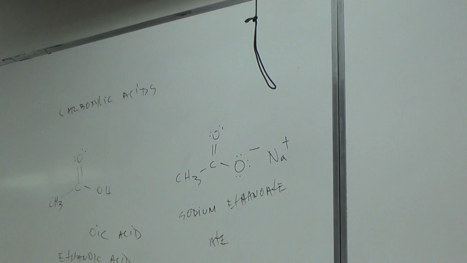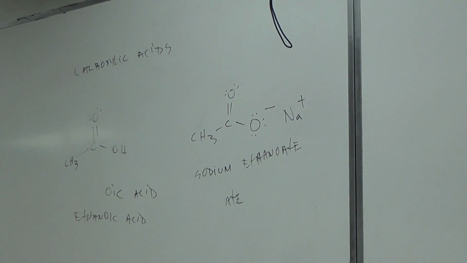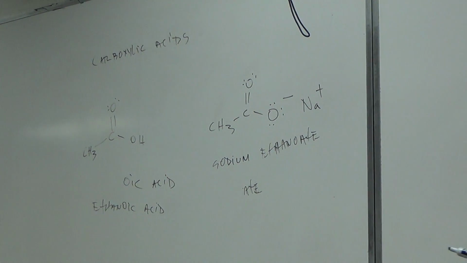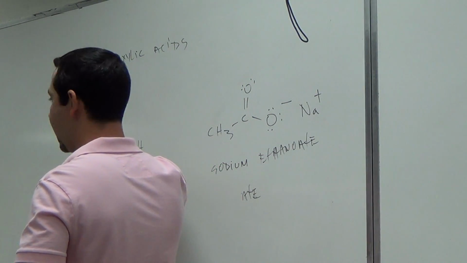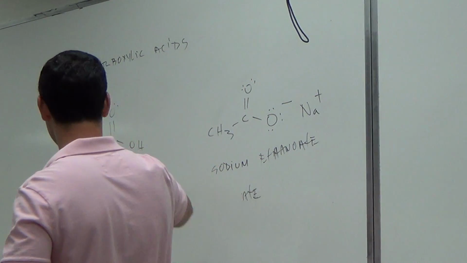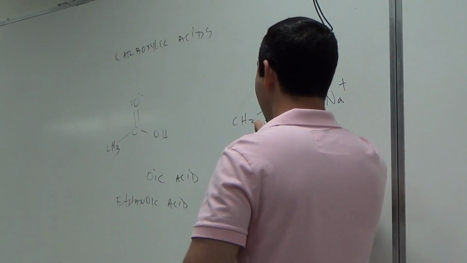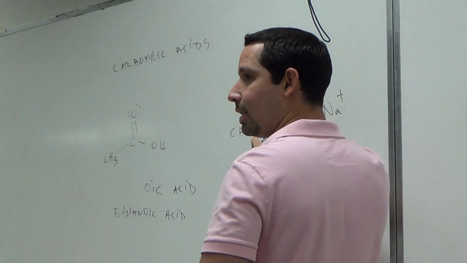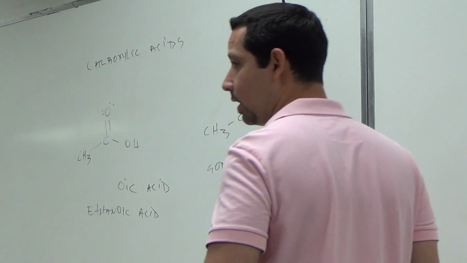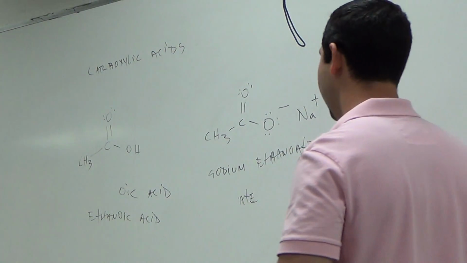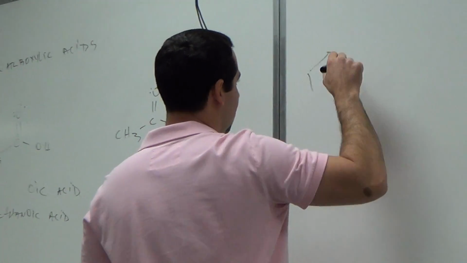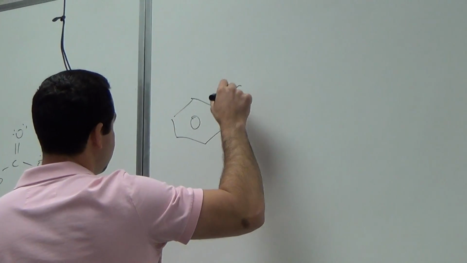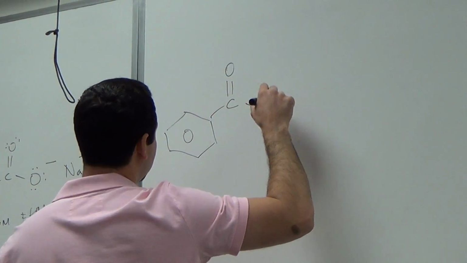Sodium ethanoate, yes? Now, of course, there is a common name that is accepted, and the common name for this is acetic acid, yes? Acetic acid. So the common name for this is acetate. So this is sodium acetate, okay? But as far as the naming is concerned, what's the name of this?